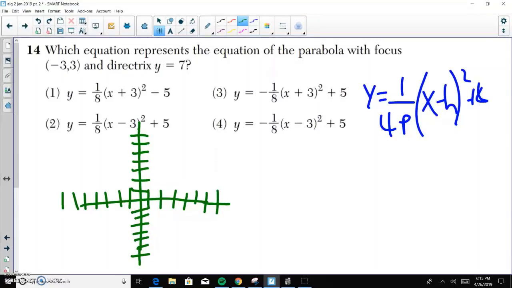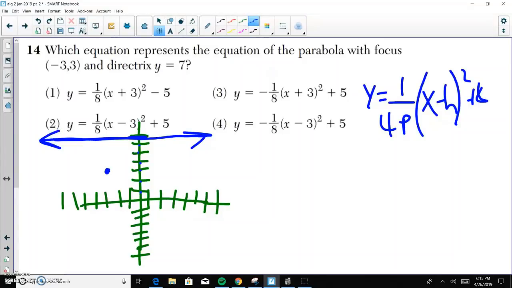Okay, so (-3, 3). All right, so 1, 2, 3, 1, 2, 3. And y equals 7. So y equals 7, 1, 2, 1, 2, 3, 4, 5, 6, 7. So it's going to be right there, y equals 7.